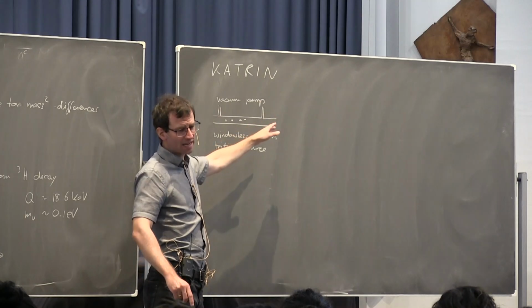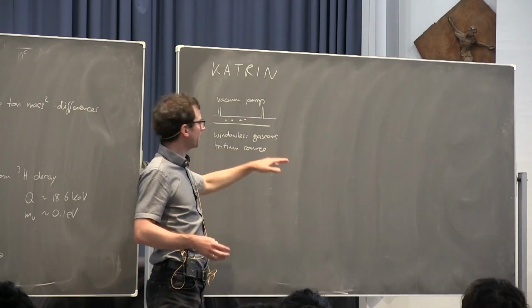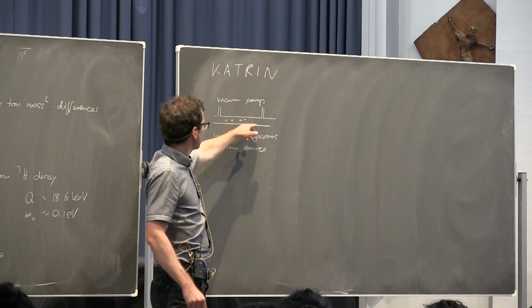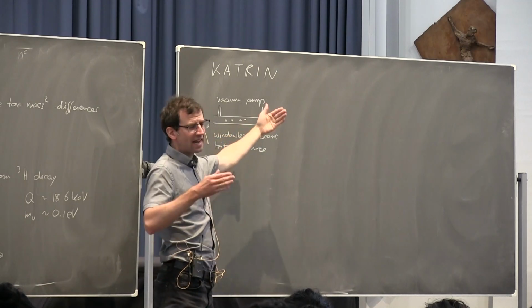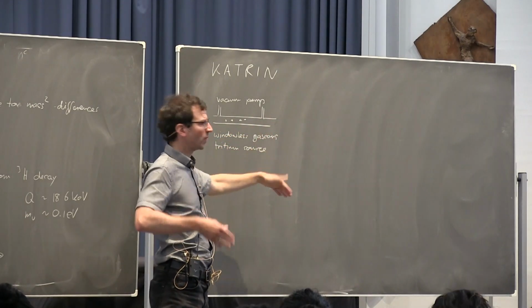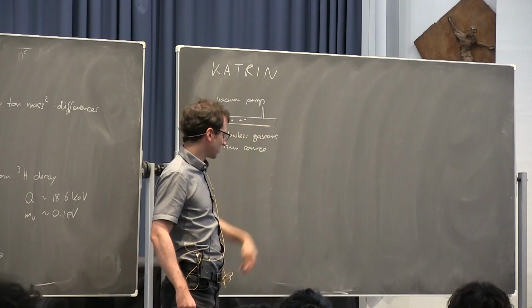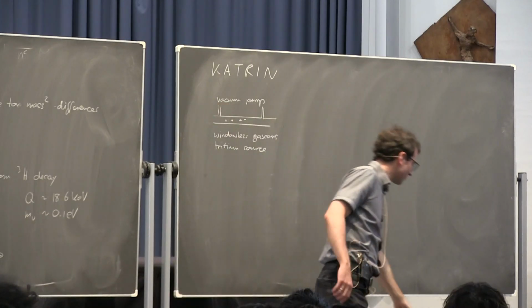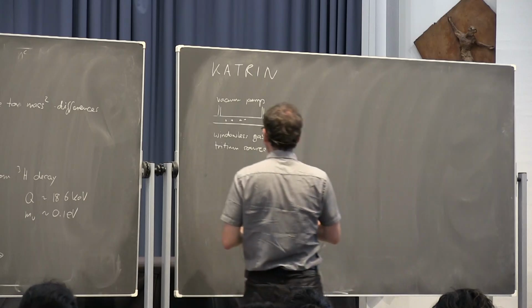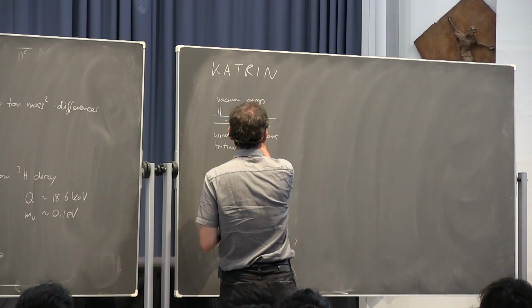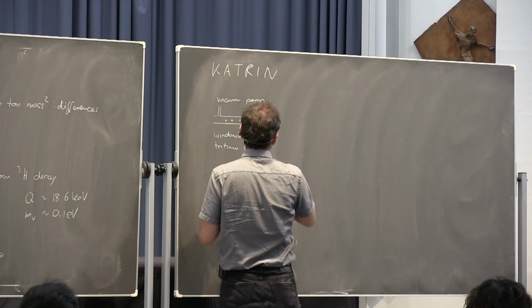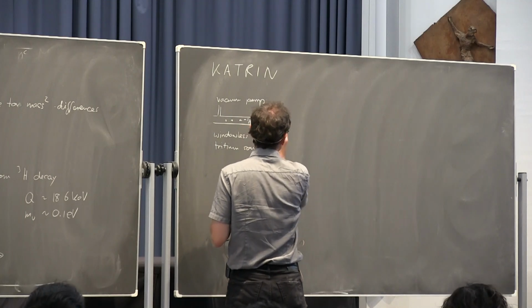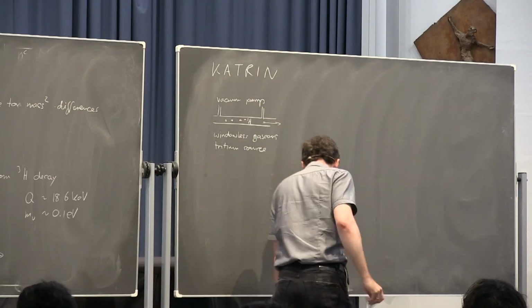And you do that in such a way that none of the tritium escapes, but that still you don't need any seal, no window. So the electrons that come out can freely leave the decay region. So here we have these tritium atoms, and then the electrons move over this way.